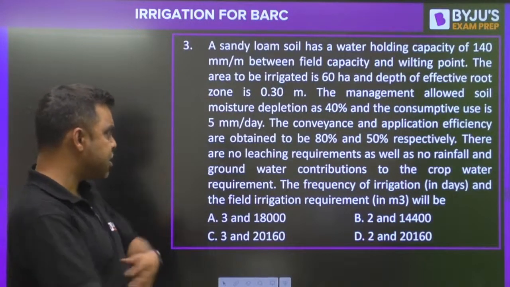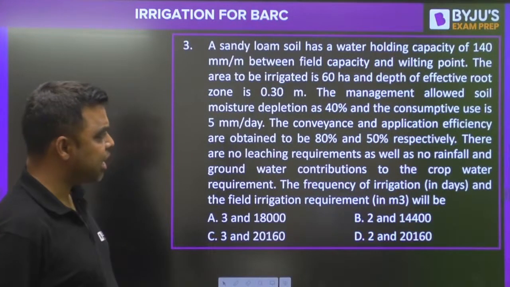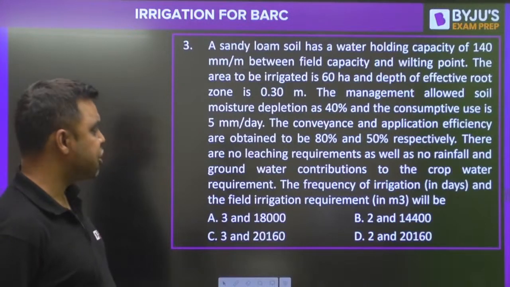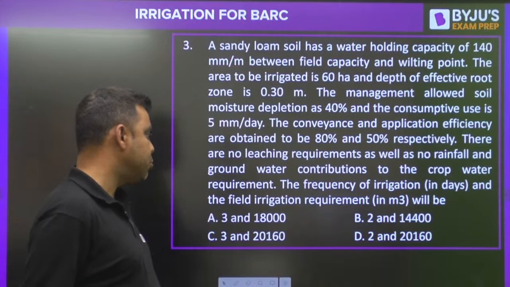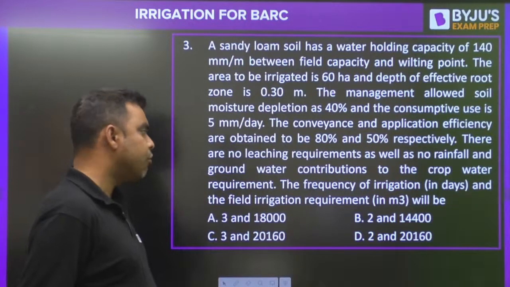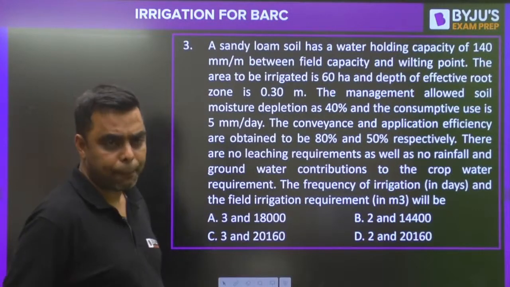Conveyance and application efficiency are obtained to be 80% and 50% respectively. There is no leaching requirement as well as no rainfall and groundwater contribution to the crop water requirement. The frequency of irrigation in days and the field irrigation requirement in m cube will be.